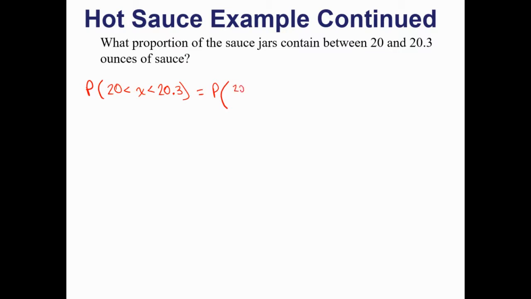So 20 minus 20.2 over 0.125 is less than Z, which is less than 20.3 minus 20.2 over 0.125.